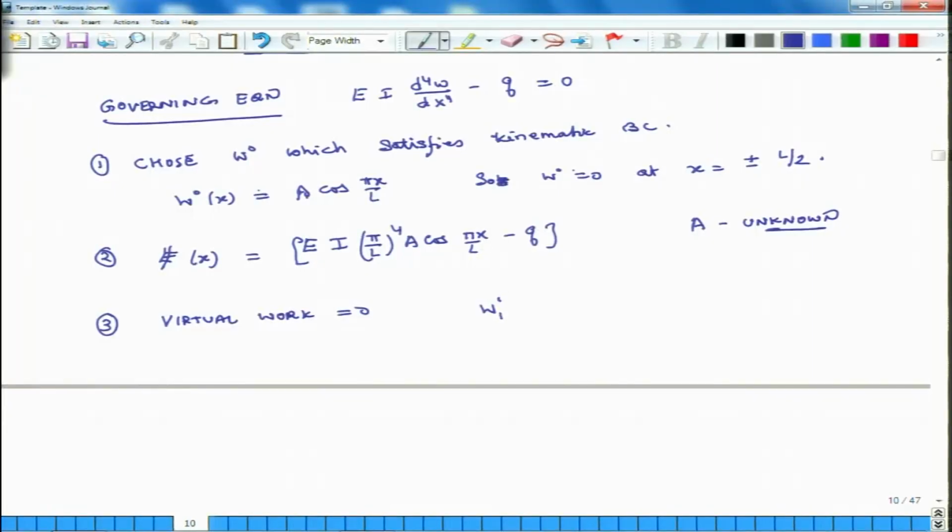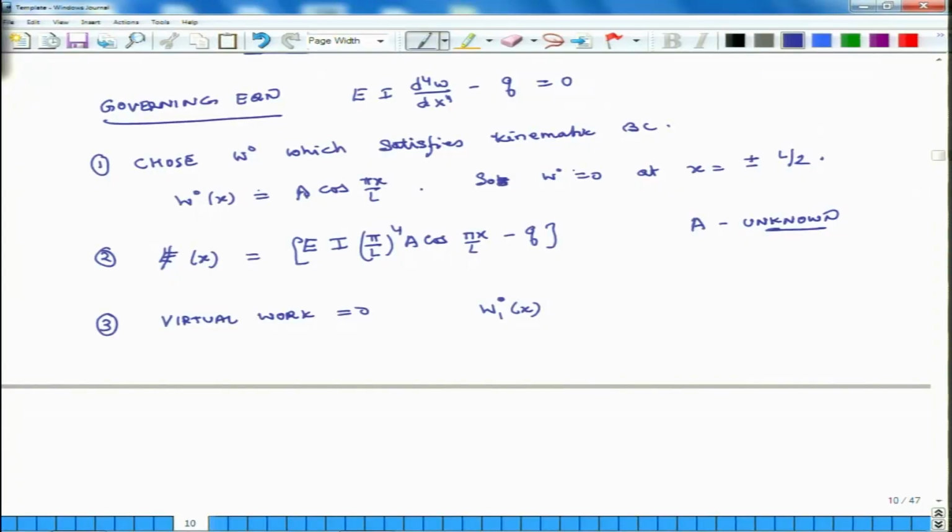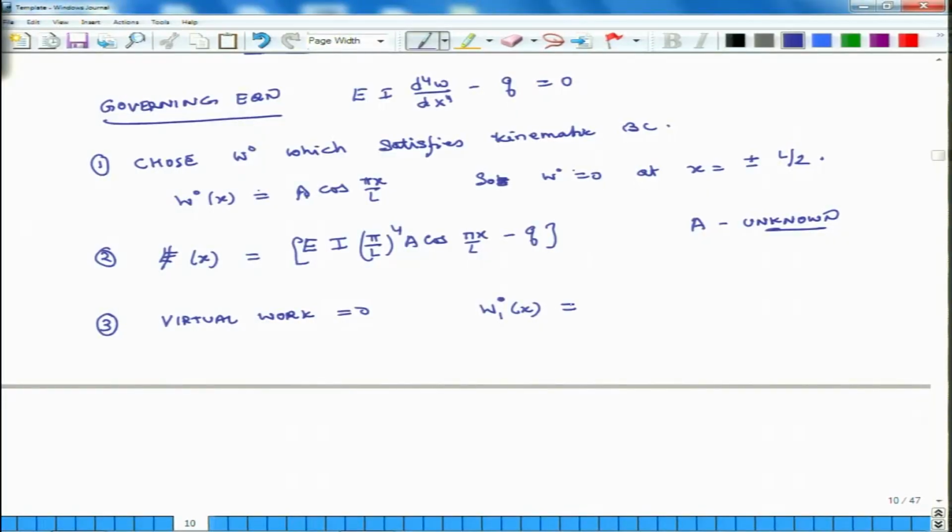So, I say that virtual displacement function is W1 and that is also a function of x. I can choose any function as long as it satisfies my kinematic boundary conditions.